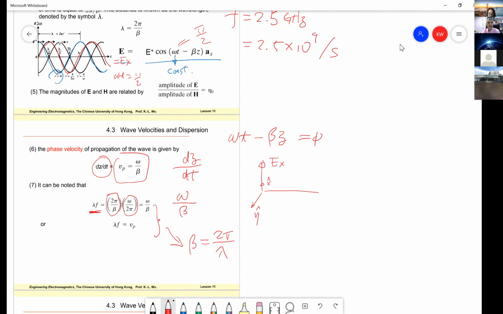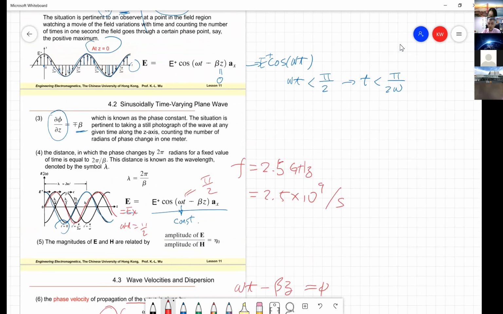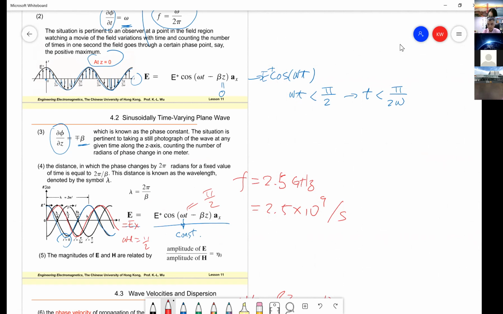It depends on what time. If you fix a location where you observe, say, let's just pick an arbitrary point.